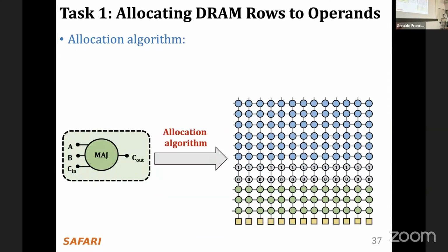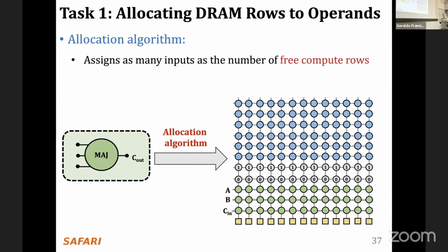Basically, this allocation algorithm is going to take these two constraints into consideration by going through every single edge of this majority graph and mapping those edges to those 16 DRAM rows in the bitwise group in a grid way. So we'll map one by one. First we'll assign as many inputs as the 3 rows that we have over there.